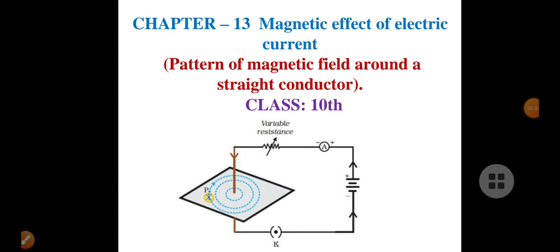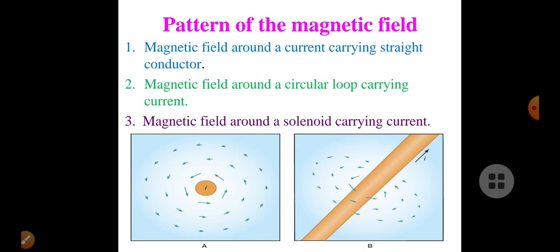Let us continue our chapter number 13, Magnetic Effect of Electric Current. In last class, we discussed that when current is passing through a wire, through a conductor, a magnetic field is generated around it. It means it behaves like a magnet.